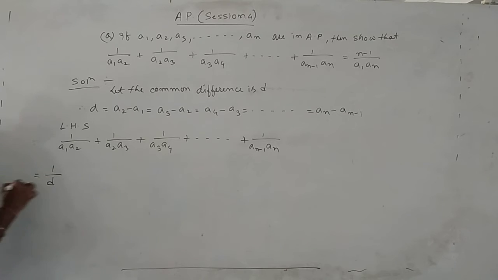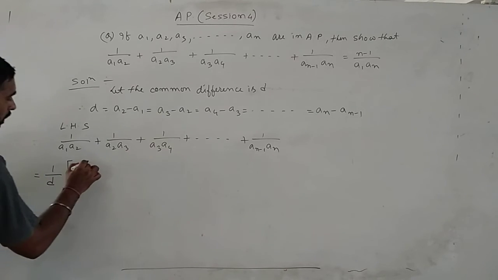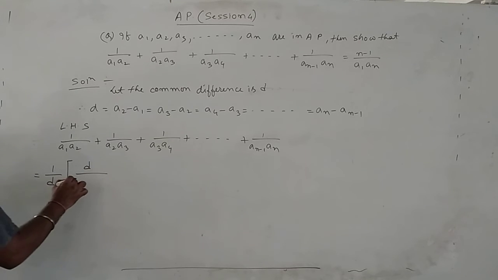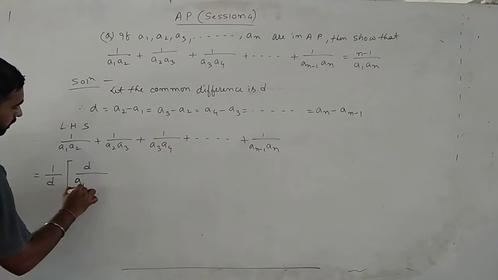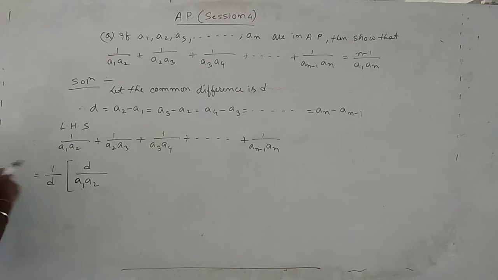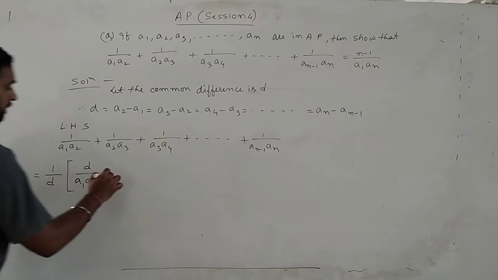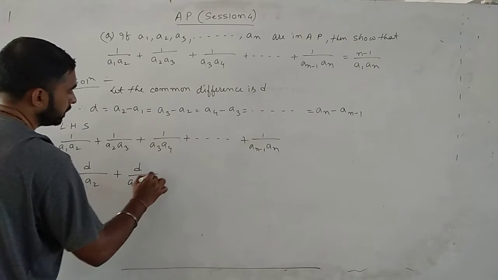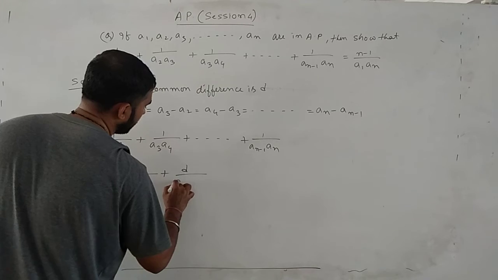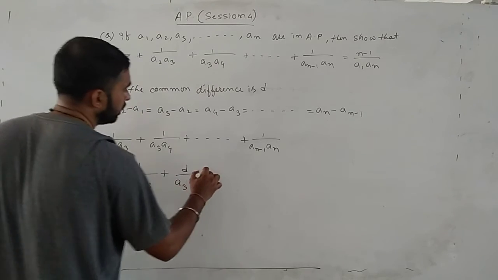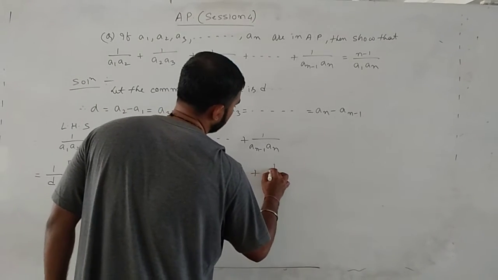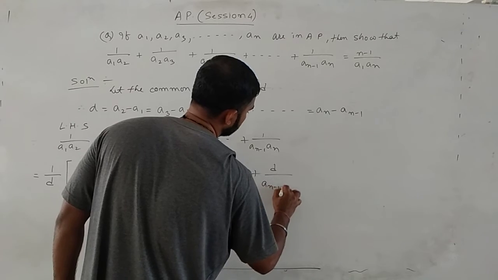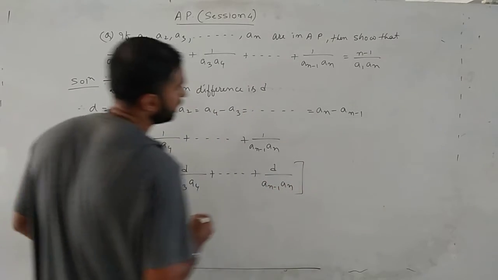Here we have to multiply by 1 by d, then all this will be multiplied by d in the numerator, because if d is common here, then this d cancels. Here same thing, d by a2 a3, here d by a3 a4, and here d by an minus 1 an.